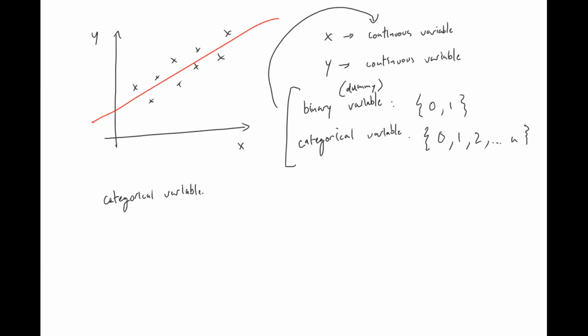This is a variable that can take a number of possible fixed values. So what are some examples of this, right?